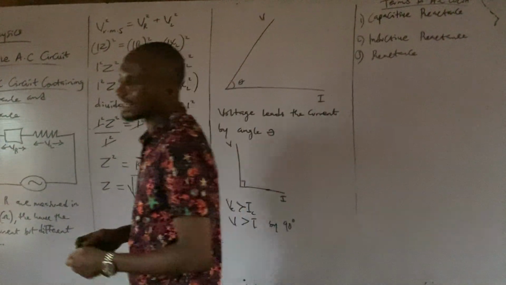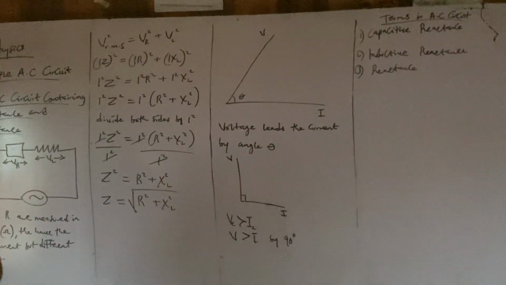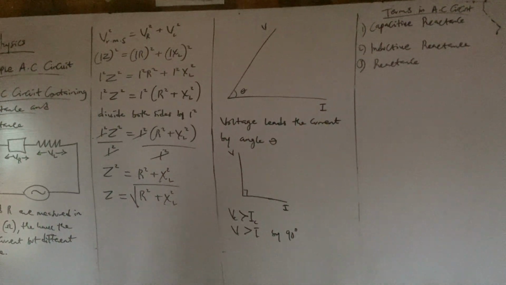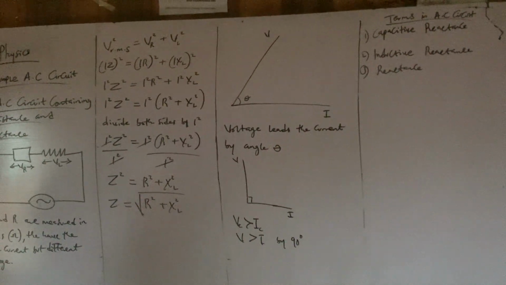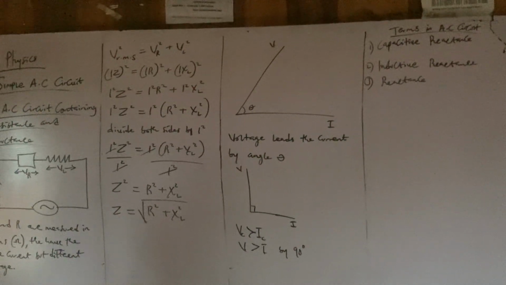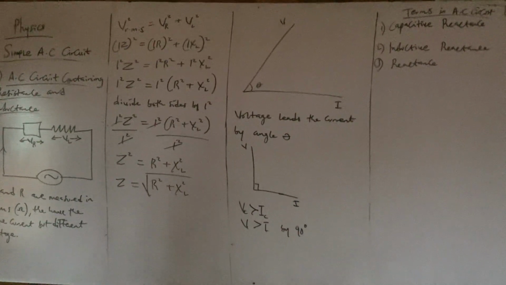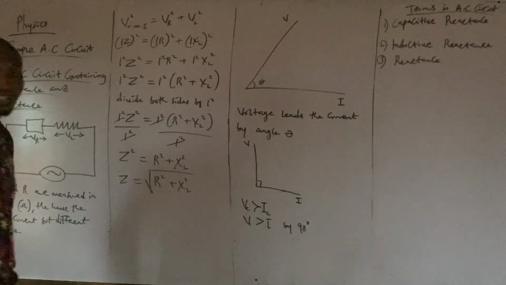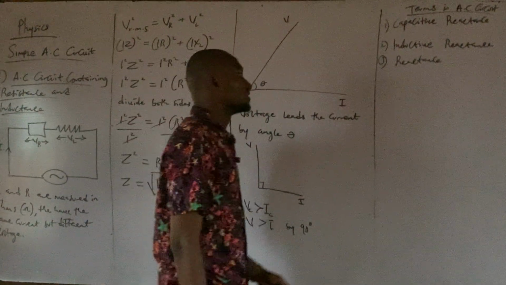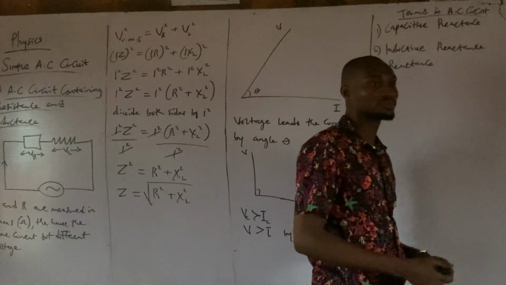Now, what is reactance? Reactance is the opposition given to the flow of current in an AC circuit, either through a capacitor or an inductor, and it is denoted by X, measured in ohms.